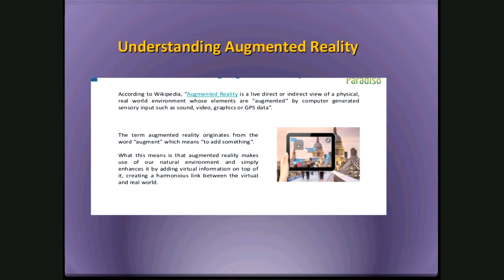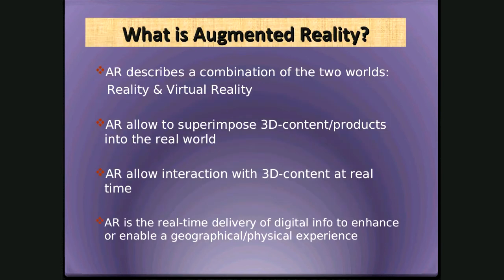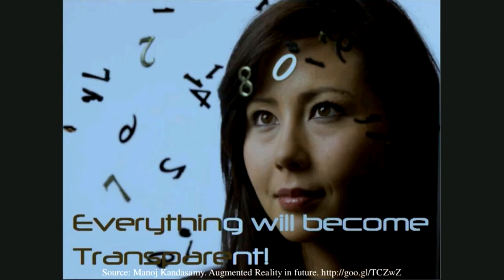In other words, augmented reality is a live, direct or indirect view of a physical, real-world environment where the elements are augmented and generated by computer support. Now we need to know what augmented reality is. You can say it's a combination of the real world and the virtual world.